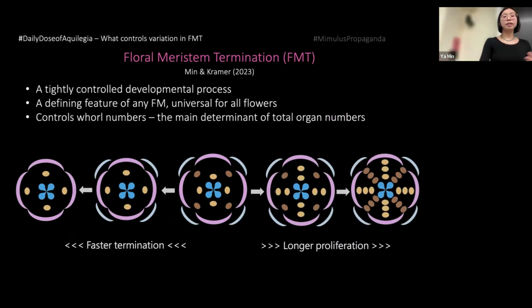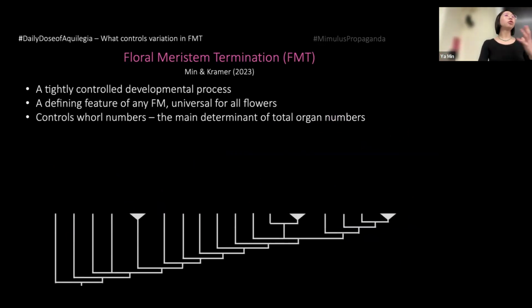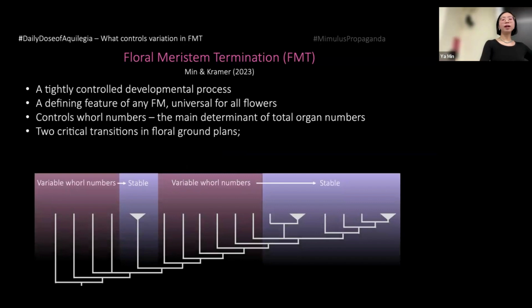If we look at the evolutionary transitions of floral groundplan among all the flowering plants, although we can see an enormous amount of variation, there are two general trends agreed upon by many people. One is the transition from variable to stable whorl numbers, and the other is the transition from large to small whorl numbers.